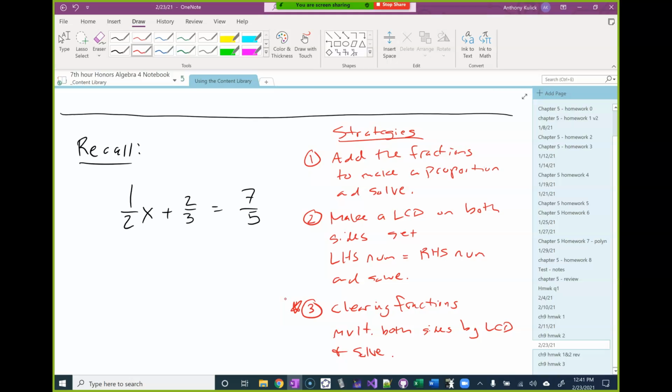So identifying what the least common denominator is for all the fractions present, that's just going to be 2 times 3 times 5, right? So I'm going to multiply both sides of my equation by that, and show you how. I won't always write out all the work, so you can kind of see what's happening.